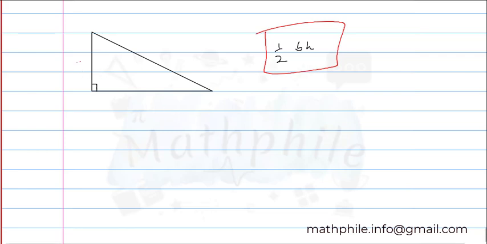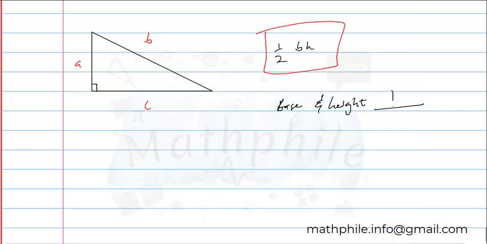Let's say we've got A, B, C. Which side is the base? Which side is the height? C is the base, A is the height. Okay, it doesn't really matter. A can be said to be the base and C can be said to be the height. The thing you need to notice is that the base and height always meet at 90 degrees.